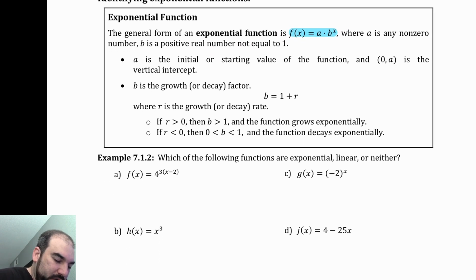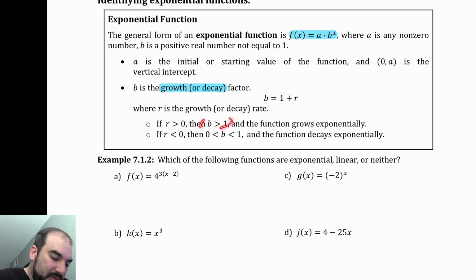At this point, you should know that the b determines whether it's an exponential growth or an exponential decay, based on whether b is bigger than 1 or b is between 0 and 1, right?